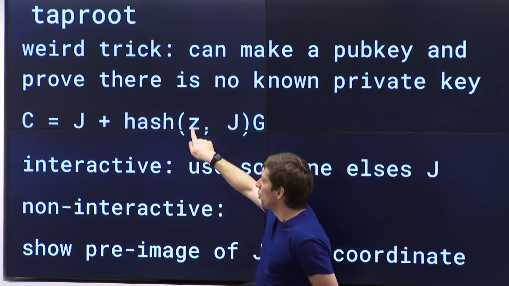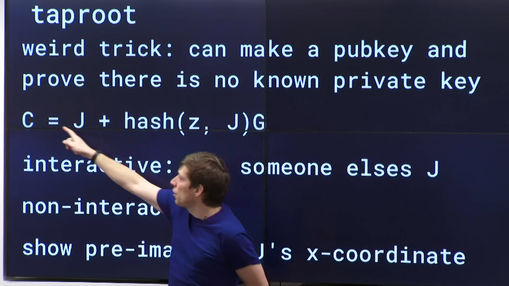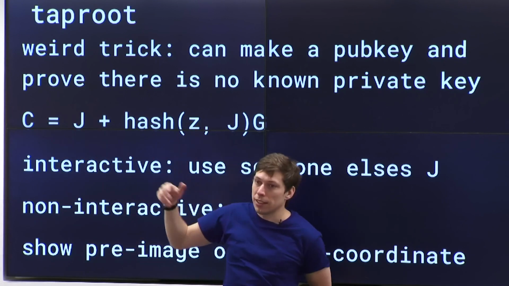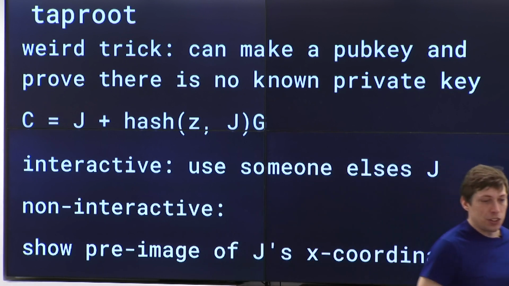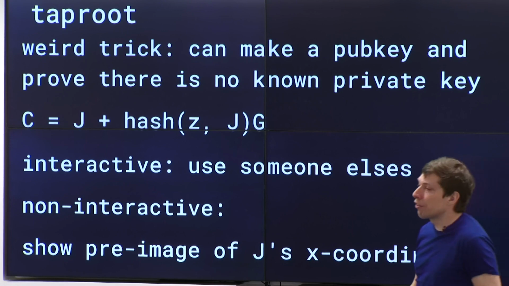However, we do allow you to prove that there was a script Z committed to in C. And then maybe this script has like a quantum safe signature in it. And then we can use that. What's nice about that is you can start using it sooner and without the overhead of all the extra space taken by the quantum signature, because it's sort of a backup plan.